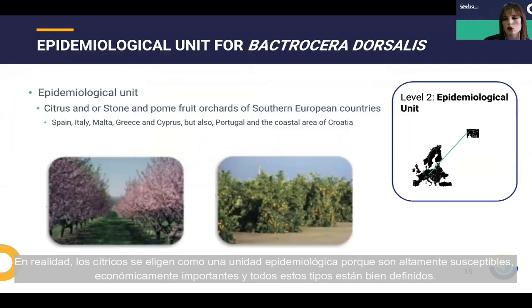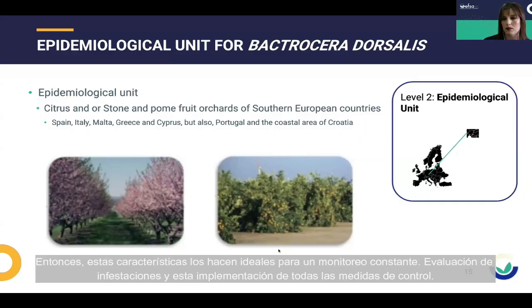Citrus is chosen as an epidemiological unit because it is highly susceptible, economically important, and these orchards are well defined. These characteristics make them ideal for consistent monitoring, infestation assessment, and implementation of control measures.